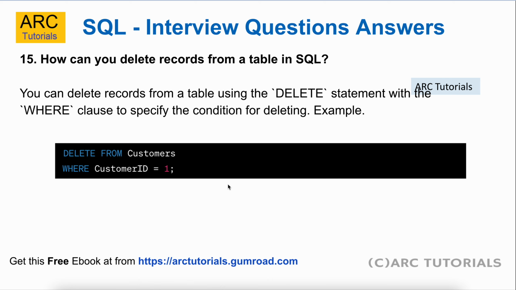So it will be deleting the first customer whose ID is 1. You can also give multiple conditions. You can say delete from customers where, say, country is equal to, say, XYZ, or whatever condition you have, right? So that's the clause. You can build a complex where clause if you want, but the statement will still be the same, which is delete from table.